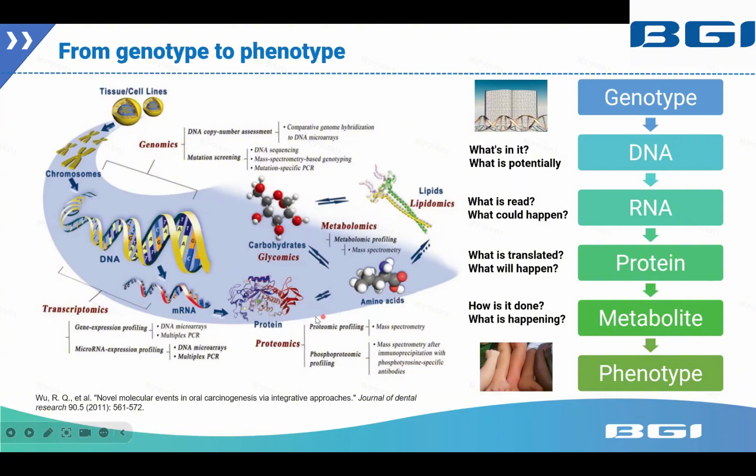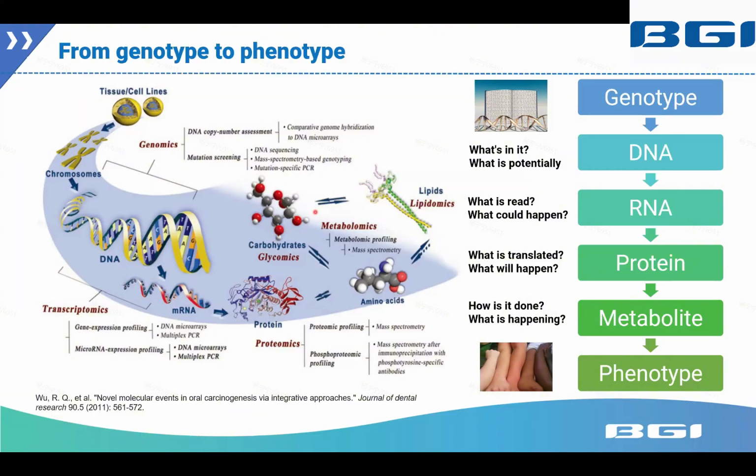For proteomics, we can explore protein conformation, protein expression level, and the various modifications that happen to proteins. There is also metabolomics, which can be further divided into glycomics, lipidomics, and other areas focusing on different metabolites. Each omics field helps us understand how the information in genes is transformed into the traits we see.